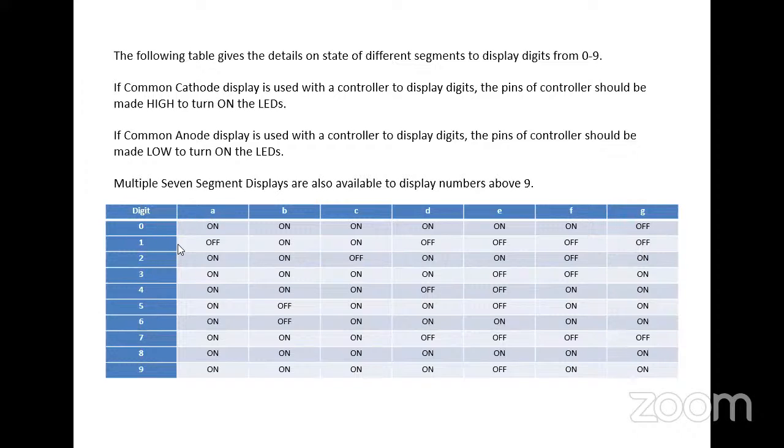If you want to turn on a particular segment, you need to make those LEDs on. If you are using common cathode, you have to give 1. For common anode, you have to give 0 in the on position.